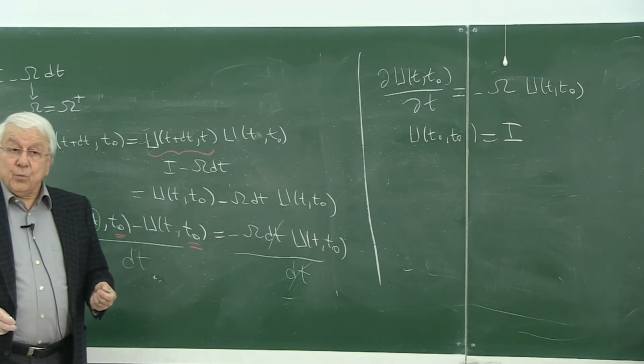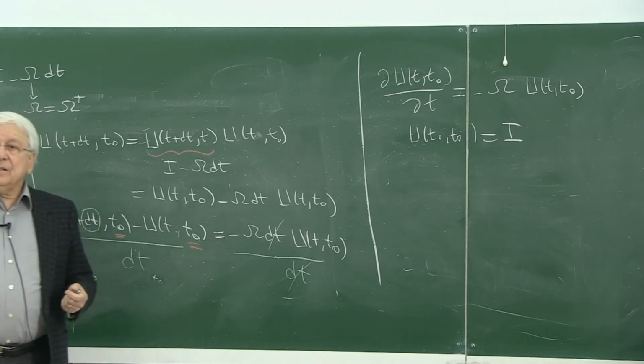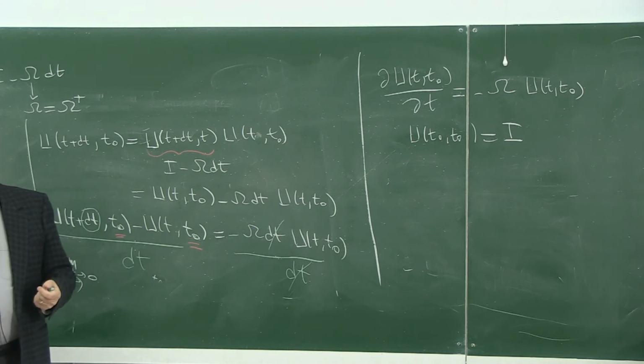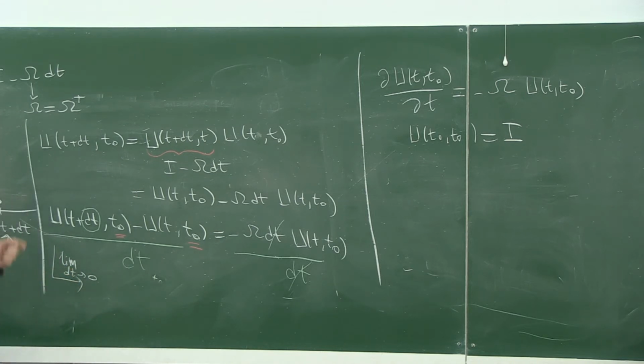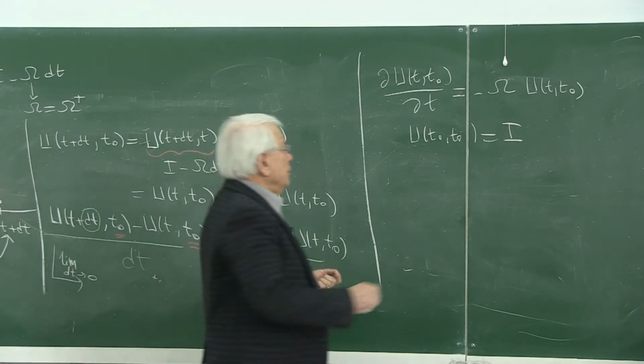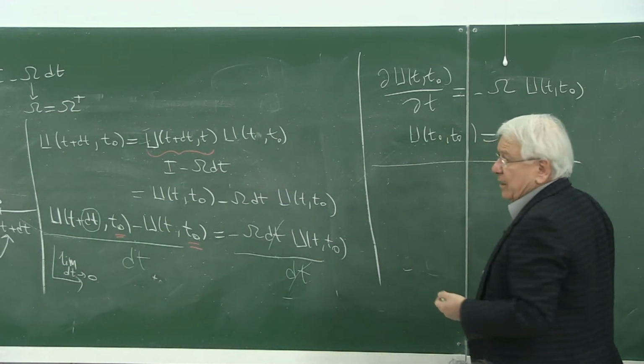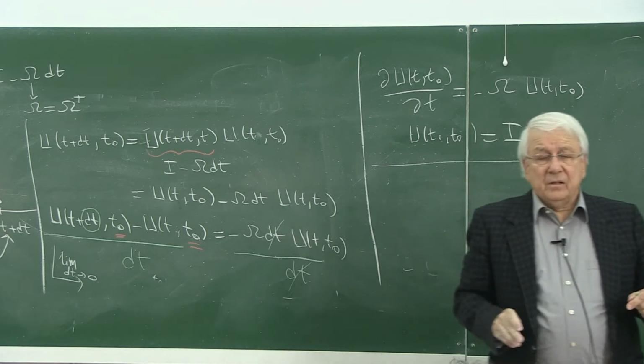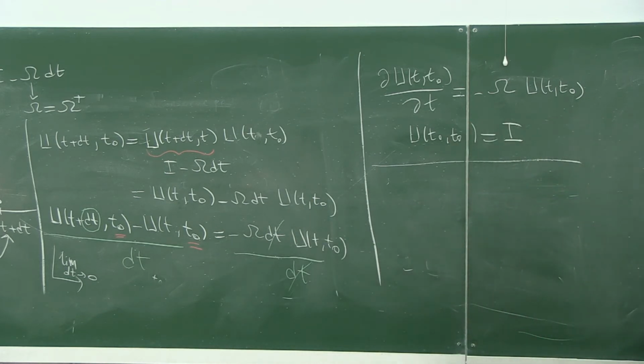But now I am at a point where I need the physical identification of the omega to proceed with this equation further, or eventually to exponentiate or integrate this. Here I will use the correspondence principle, as we have done in the space translation case.